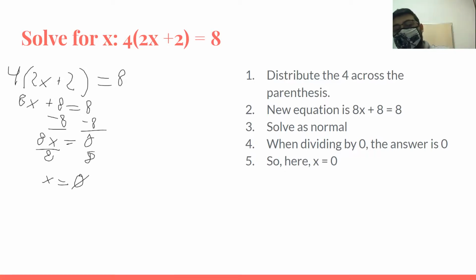So it now turns into 8x plus 8, and then you bring down the equals 8. So 8x plus 8 equals 8. Solve for x. Subtract 8 on both sides. That makes it 8x equals 0. Remember, we got to figure out what we're solving for. So x equals anything. If it's dividing 0, it's going to be 0. So x equals 0.